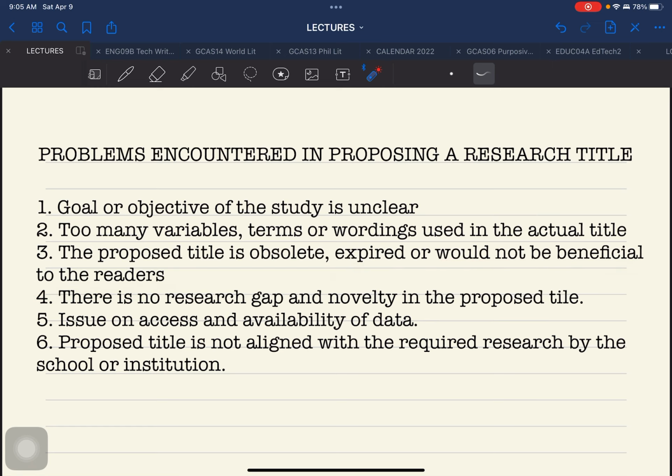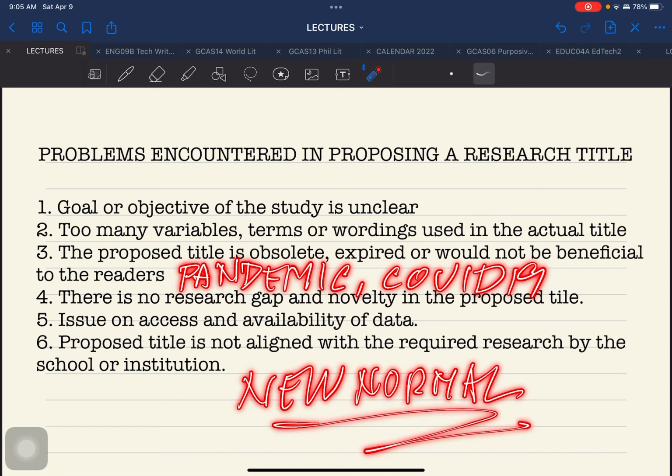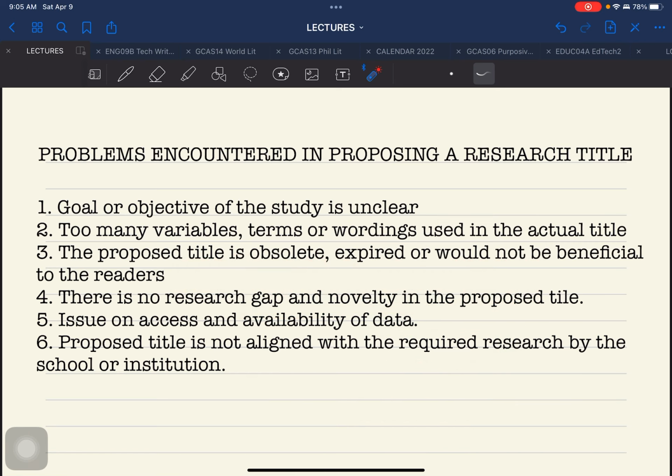An example is the consistent use of the terms pandemic, COVID-19, and new normal, and so on and so forth. This would be relevant during that particular time.